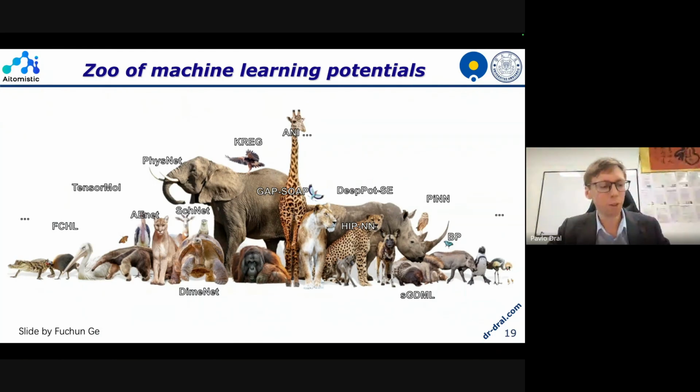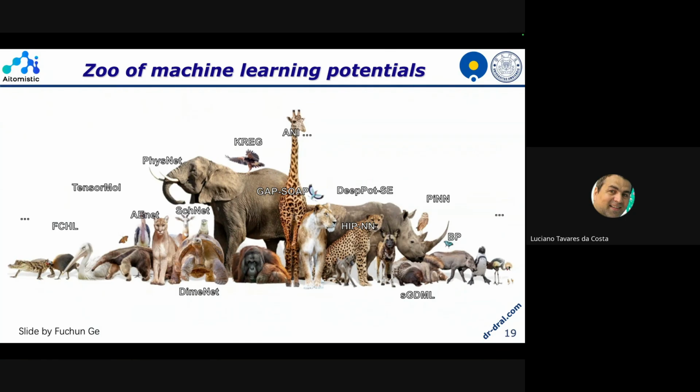Also, many universal potentials have a very good feature, which I will also show later, that you can fine-tune them, so you can get faster to the final potential on your data. You can have your specific potential, but you reuse weights from the universal potential, right? To some extent, you can benefit a lot from that.